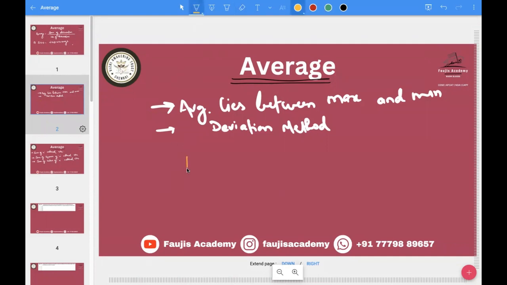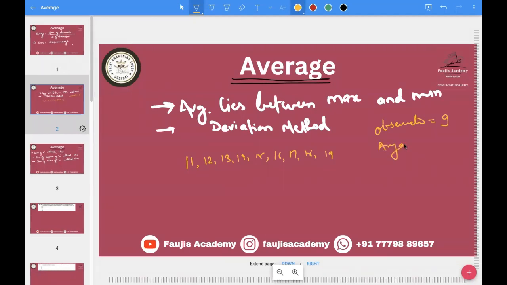So we are essentially talking about all these observations: 11, 12, 13, 14, 15, 16, 17, 18, 19. How many observations are here? 9 observations.